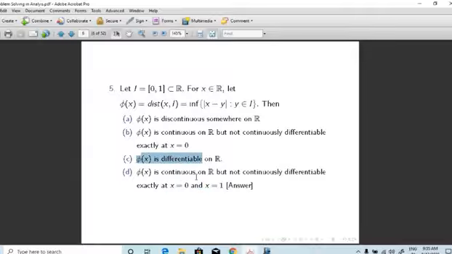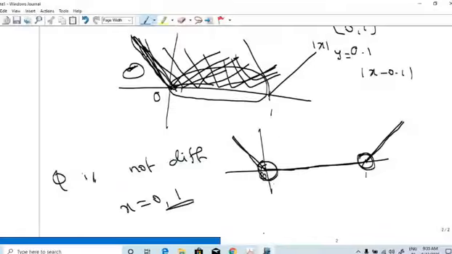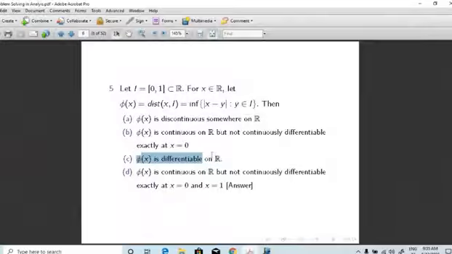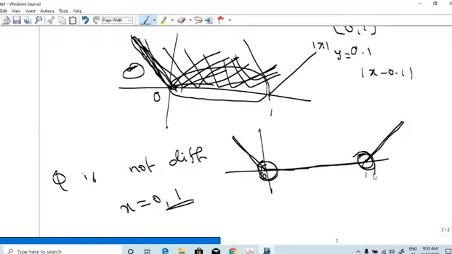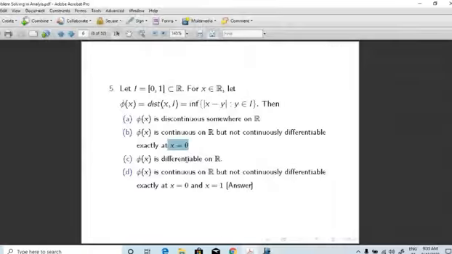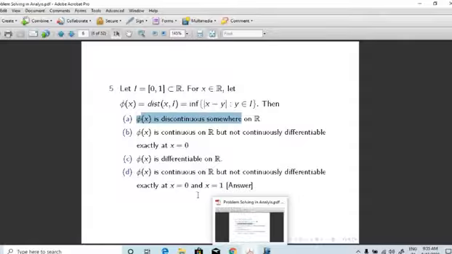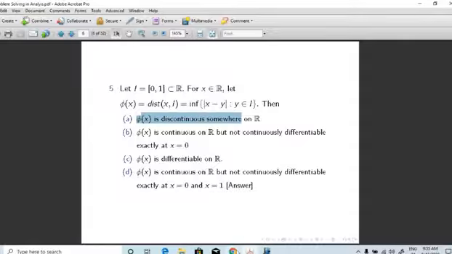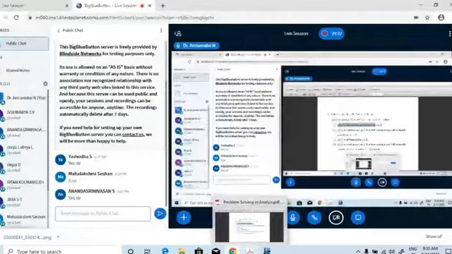No, because we have sharp corners, therefore this is not differentiable on R. Again, the second option says not differentiable only at x equal to 0. That is not true because we have a sharp corner at x equal to 1 also. And the first one says discontinuous. It is not discontinuous; it is continuous everywhere, but not differentiable at two points. So that is the answer. Therefore, the last one is the correct answer.